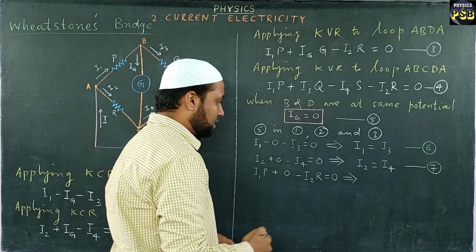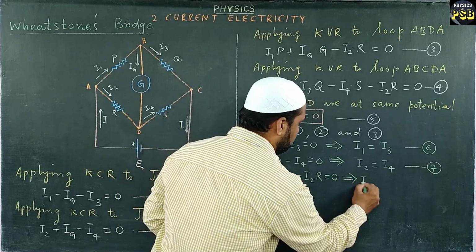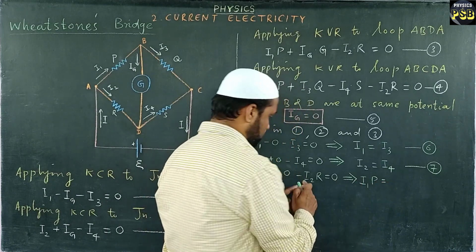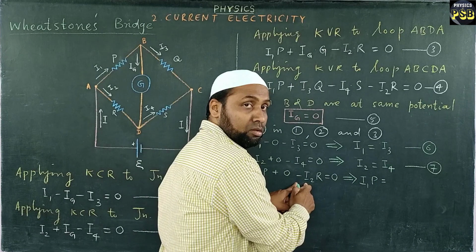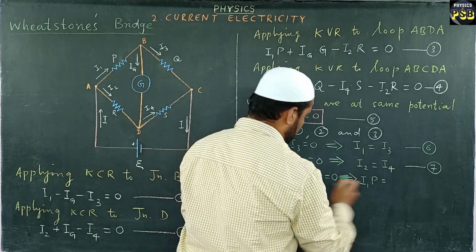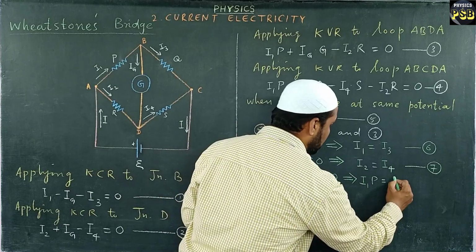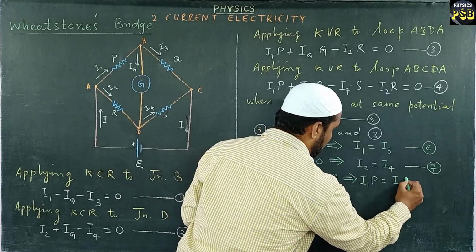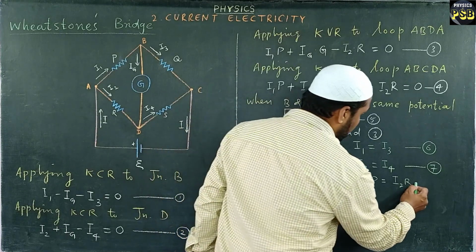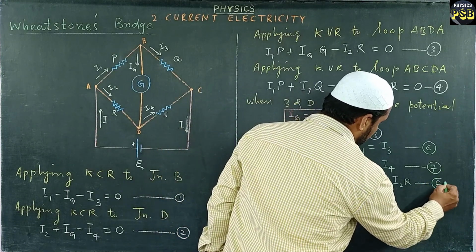This can be written as I1 P equals, taking this term to the other side, plus I2 R. This is taken as equation number 8.